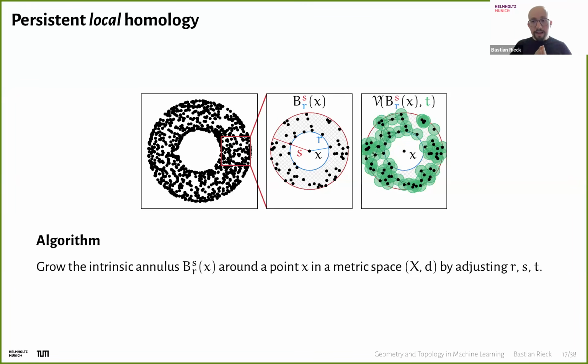Now, I'm glossing over a lot of details here. Of course, this is not very simple to obtain in practice, but the main algorithm is based on growing this intrinsic annulus around a point and then adjusting the parameters accordingly. So if you're already in the know a little bit here, this leads to a so-called tri-filtration of the data.